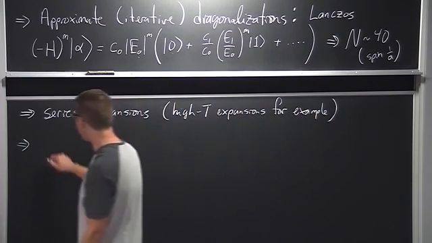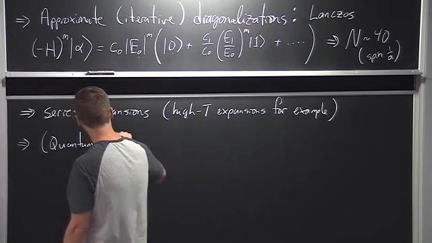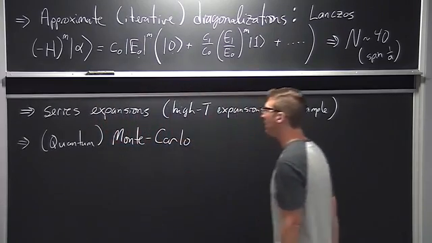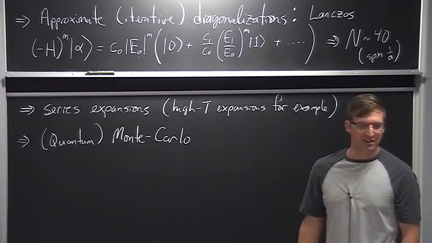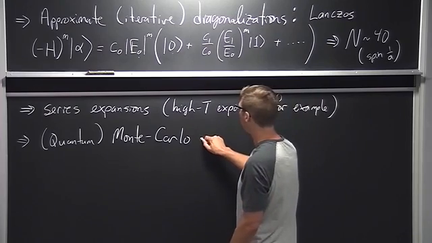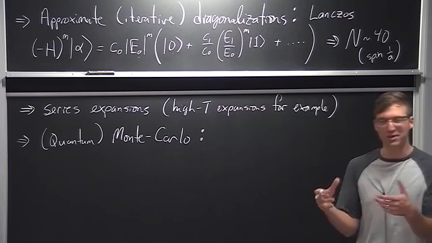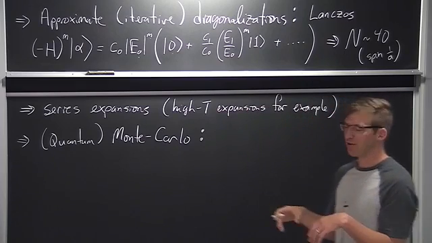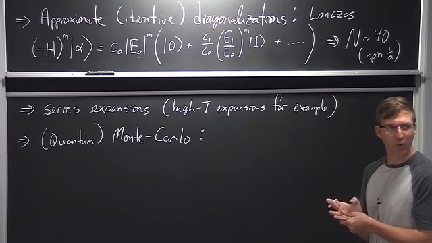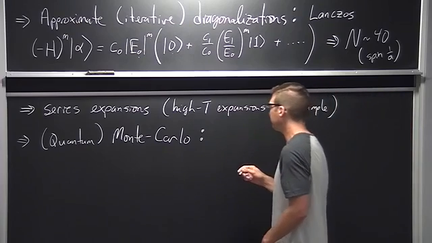My favorite is Monte Carlo, or quantum Monte Carlo. So Monte Carlo are stochastic-based methods. That means you probably know what a simple Monte Carlo looks like. You might have Ising spins or Ising variables, and you might randomly try to flip spins in the system and calculate a weight or a probability for that state to occur.